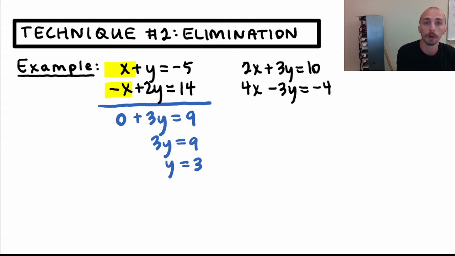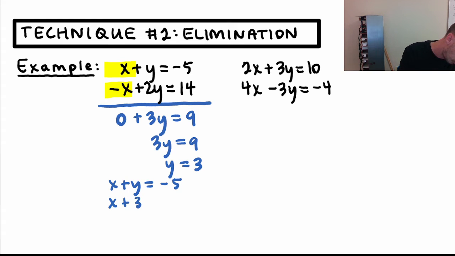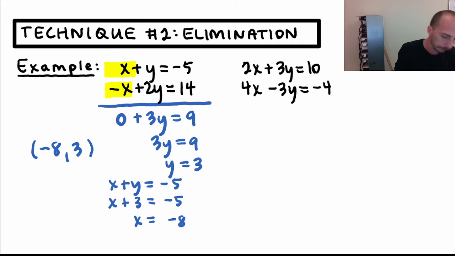Then I can go back to one of my original equations, like x plus y equals negative 5, and substitute with 3. So x plus 3 equals negative 5. I would subtract 3 from both sides, and I would get x equals negative 8. So my solution point would be x equals negative 8 and y equals 3.